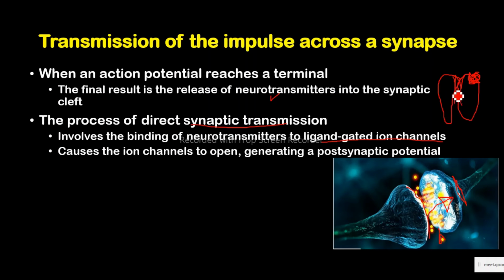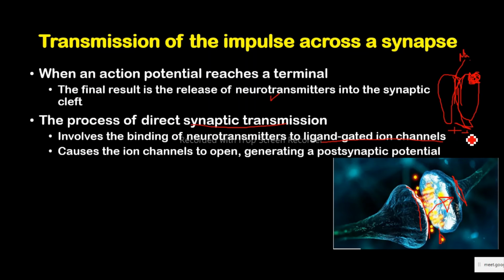When you open the sodium gated channels, the sodium ions that are highly concentrated in this synaptic cleft will easily diffuse. There will be an influx of sodium ions from the synaptic cleft into the postsynaptic knob inside.